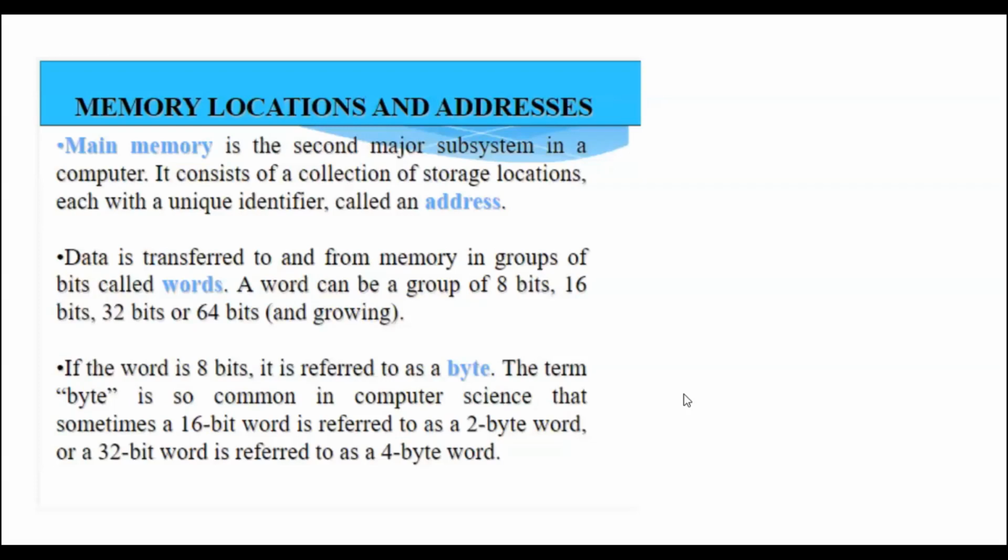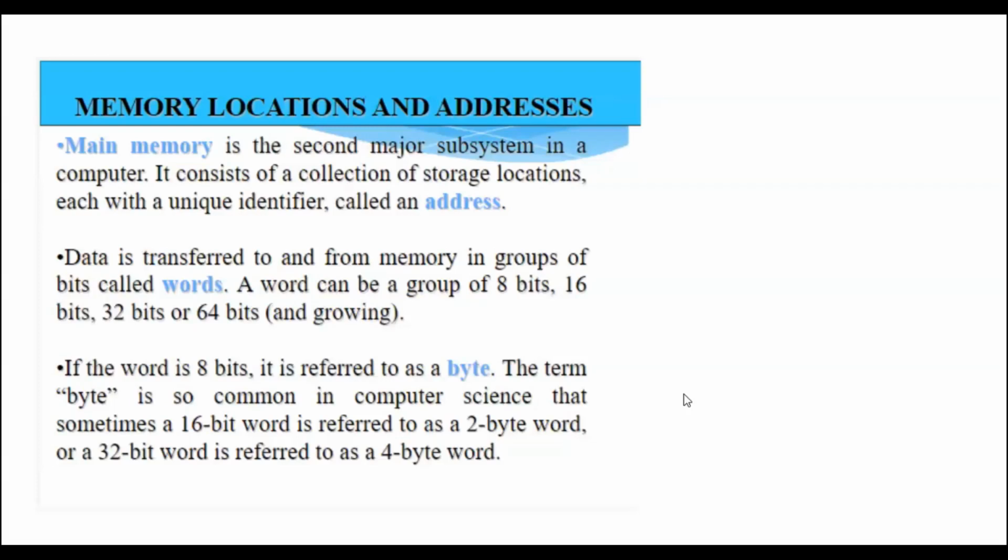In computing, a memory address is a reference to a specific memory location used at various levels by software and hardware. The data is transferred to and from memory in groups of bits called words.